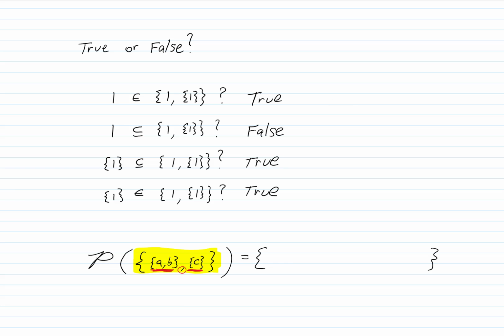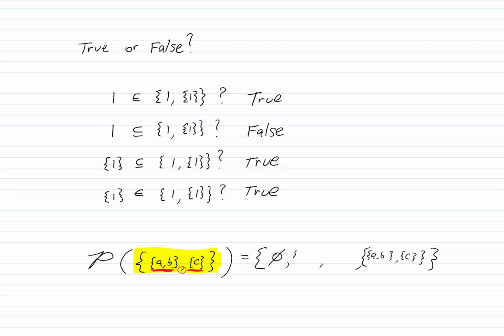We know the empty set is always one of them, and the whole set itself is always one subset. There must be 2 more. So what do you think they are?